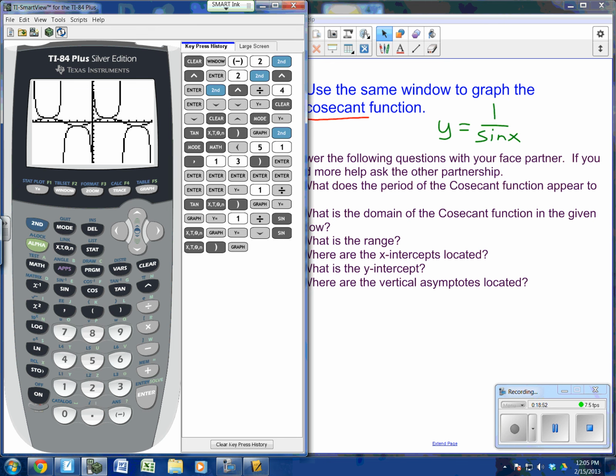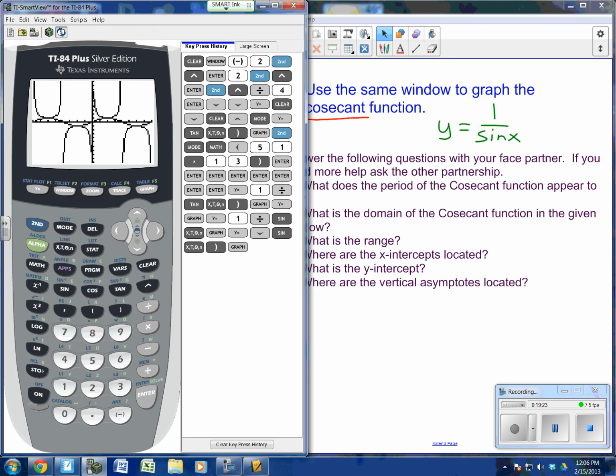Wherever there's a maximum of the sine function, it touches the cosecant function. Wherever there's a minimum, it touches the cosecant function, right? Kind of cool, huh? So you always know if you have the right one in. You can tell by doing that.